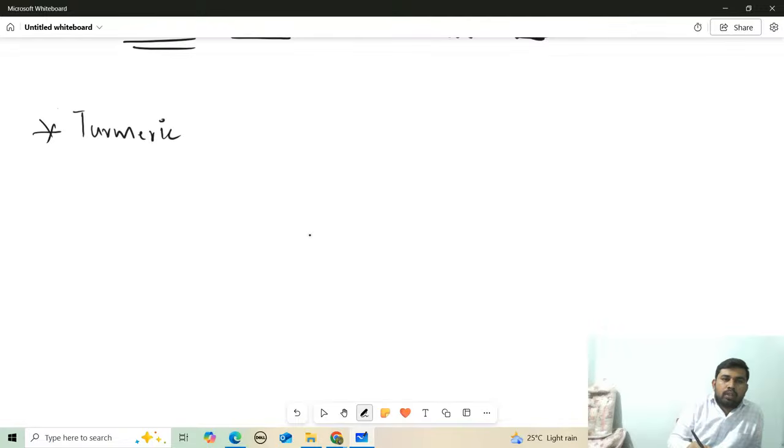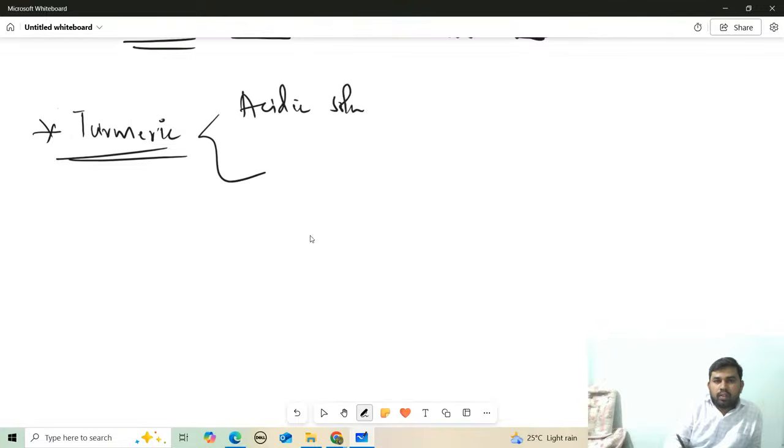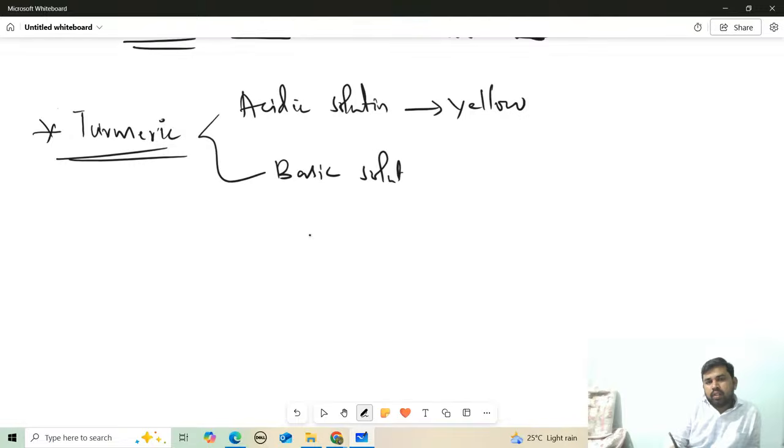In the first part they gave the example of a curry stain falling on a white shirt and turning reddish brown, because turmeric solution, if it is acidic, remains yellow only. You know very well the color of turmeric powder is yellow. If it is basic, turmeric solution turns reddish brown. So remember, this is about the turmeric indicator.